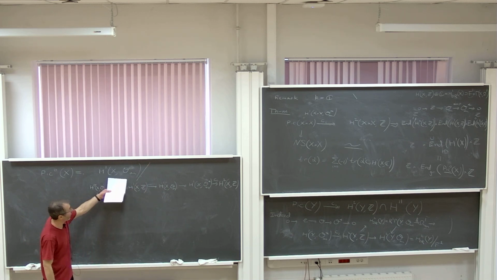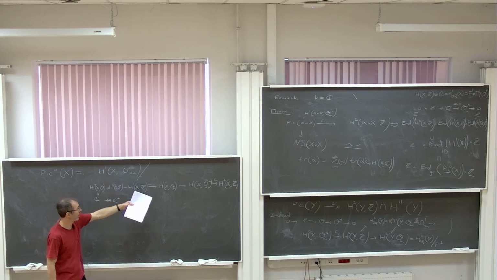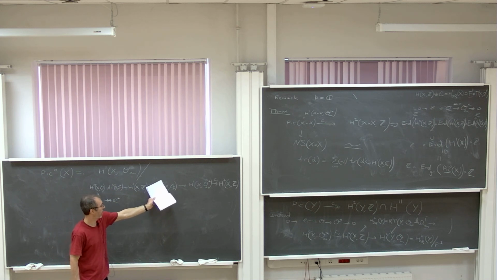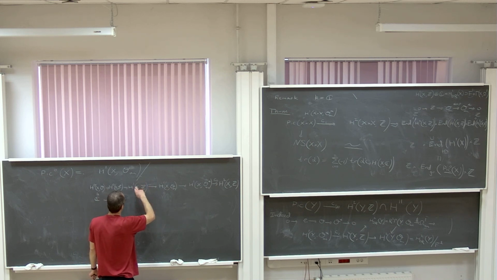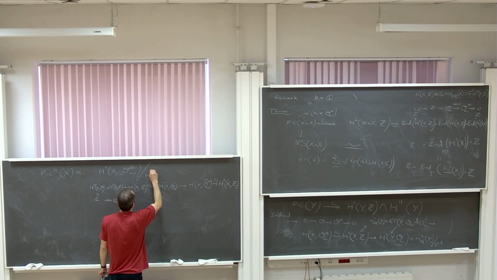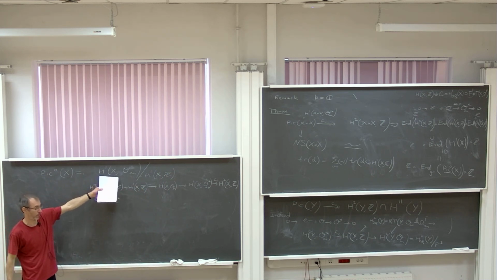So if you have a curve of genus g, then this is a complex vector space of dimension g, and this is a lattice of rank 2g. Okay? So we identified this group with a quotient.